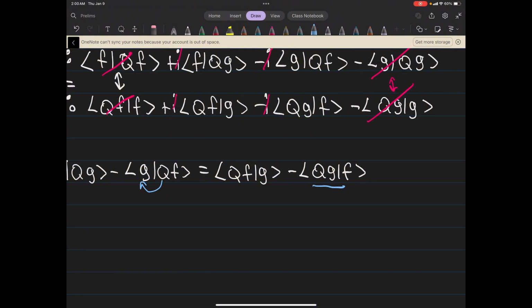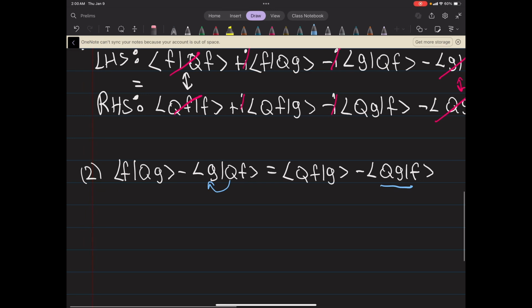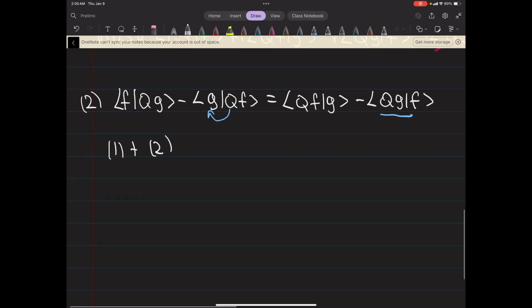The important thing to note there is we're going to get these cancellations of the cross terms if we do 1 plus 2. So we get just this.